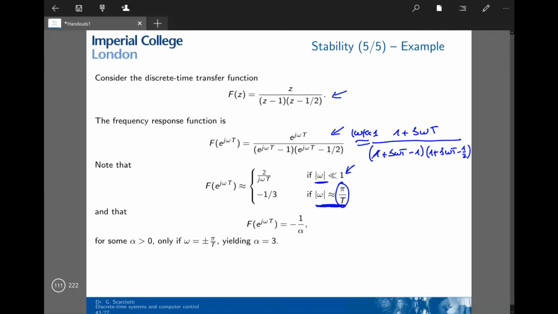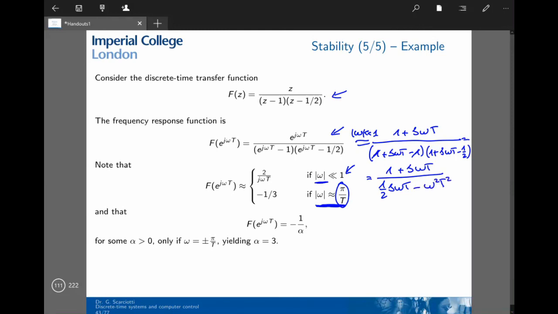And now these terms and these terms simplify. And so we have 1 plus j omega capital T. And here we have 1 minus 1 half. So we have 1 half j omega capital T. And then we have j omega capital T times j omega capital T. So we have minus omega square T square.